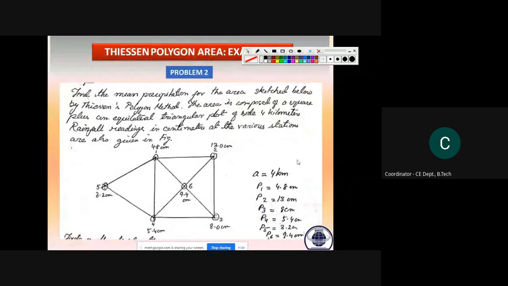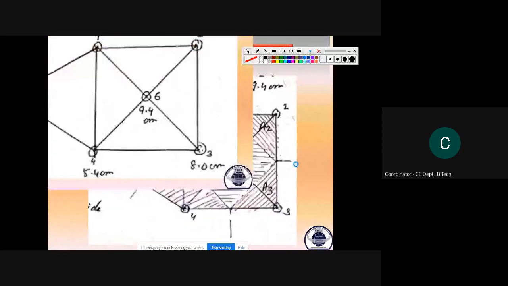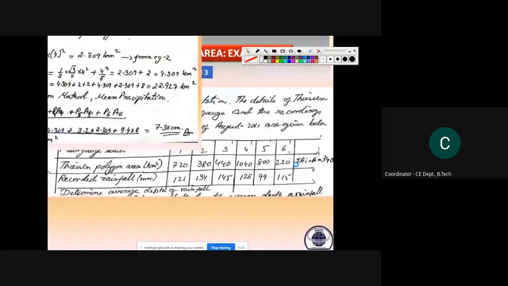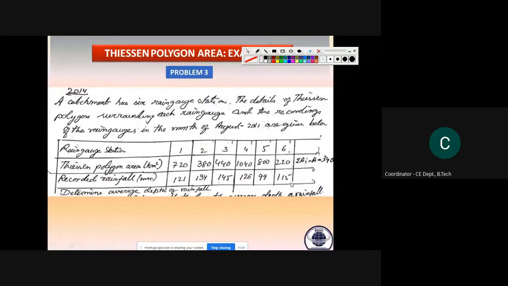See, I was talking about this problem only. Before solving this one, let us go to the easy problem. Please solve this and tell me the value. A catchment has 6 rain gauge stations. The details of the Thiessen polygon surrounding each rain gauge and the recording of the rain gauge in the month of August are given below.